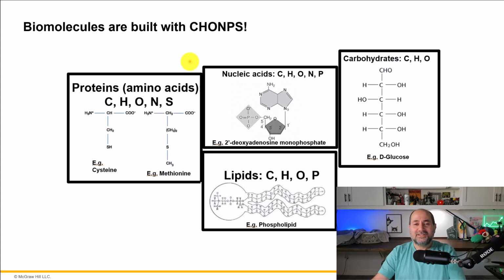So here you can see proteins. Do you know the 4 classes of biomolecules from Bio 1? Proteins, nucleic acids, remember that includes the DNA and the RNA, carbohydrates, and lipids, right? These are known as the 4 classes of biomolecules.